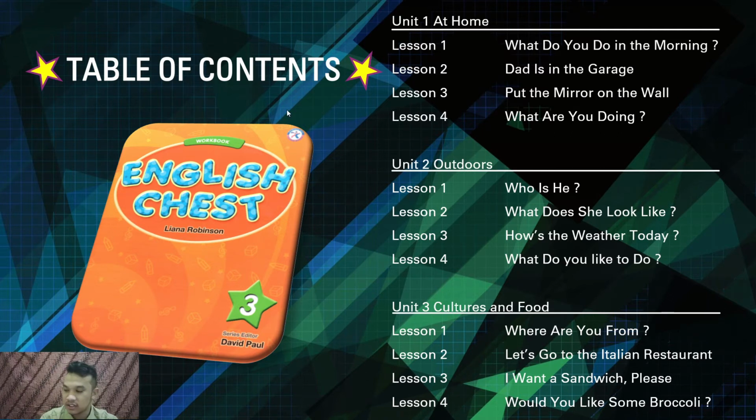So let's go to lesson 2. Lesson 2 is about dad. Dad is in the carriage. Students will be able to identify rooms or areas in their house. Lesson 2 brings students to understand information questions with the word where.